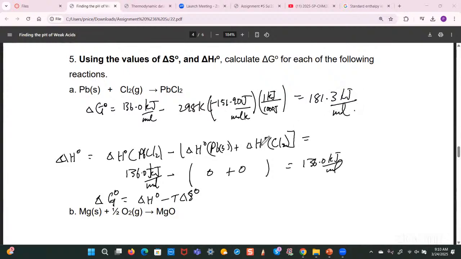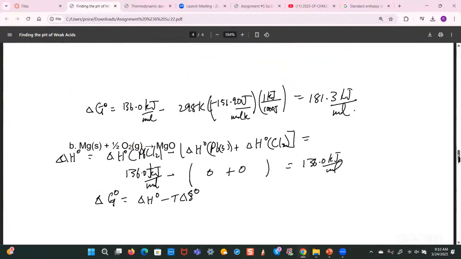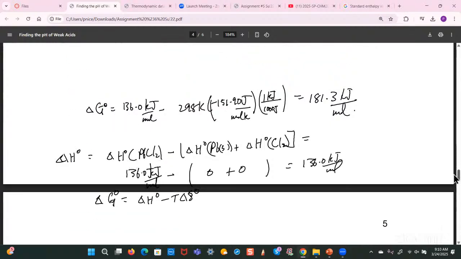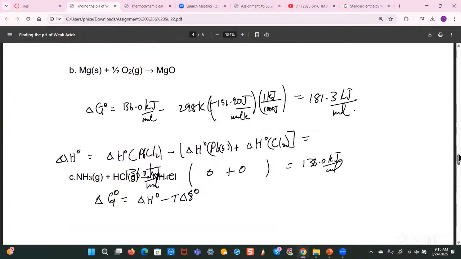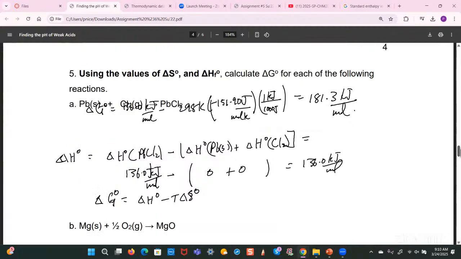So that's basically how you do that, right? And if you understand that, then you should be able to do the other parts, the B part and the C part as well. All right? Okay. Any questions about this? All right, let's see what's next.